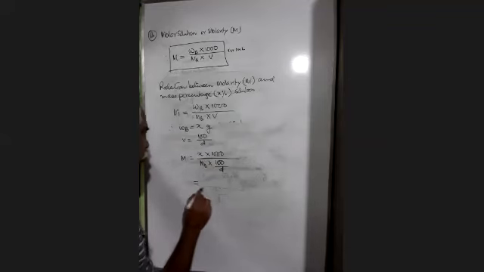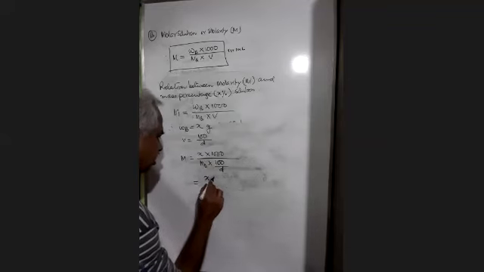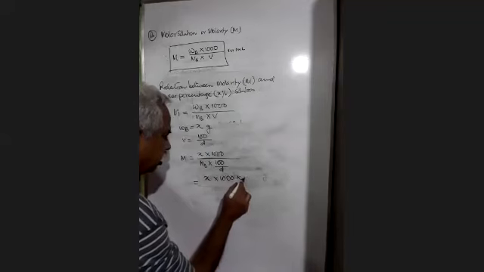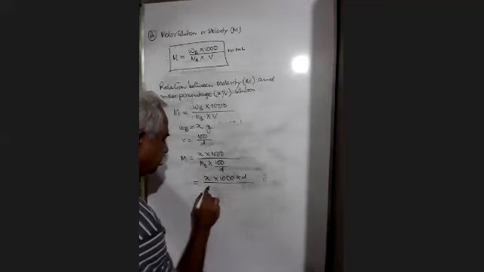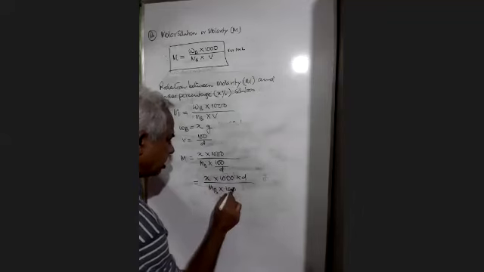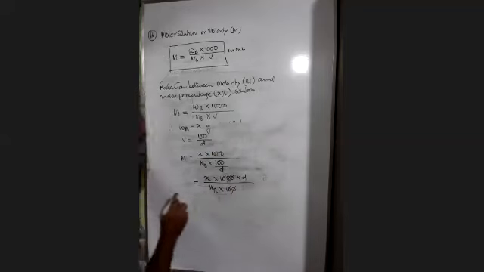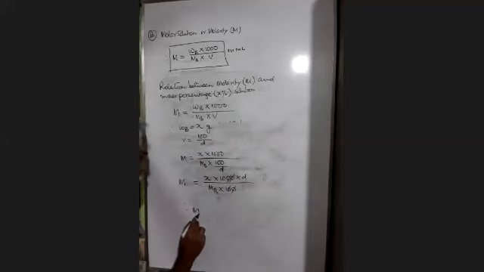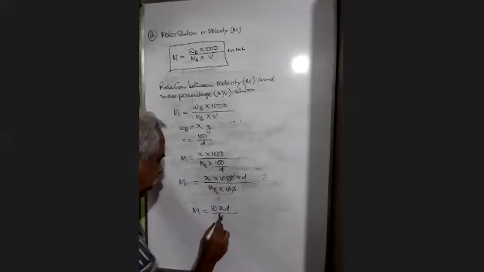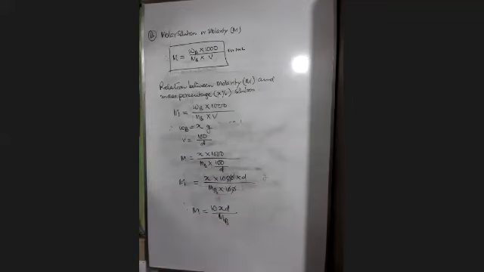So it will be X into 1000 into D divided by MB into 100. Therefore, M is equal to 10 X D by MB.